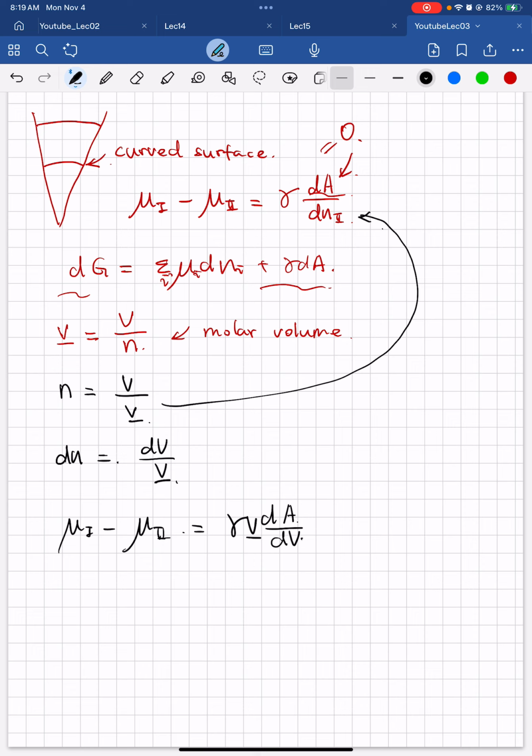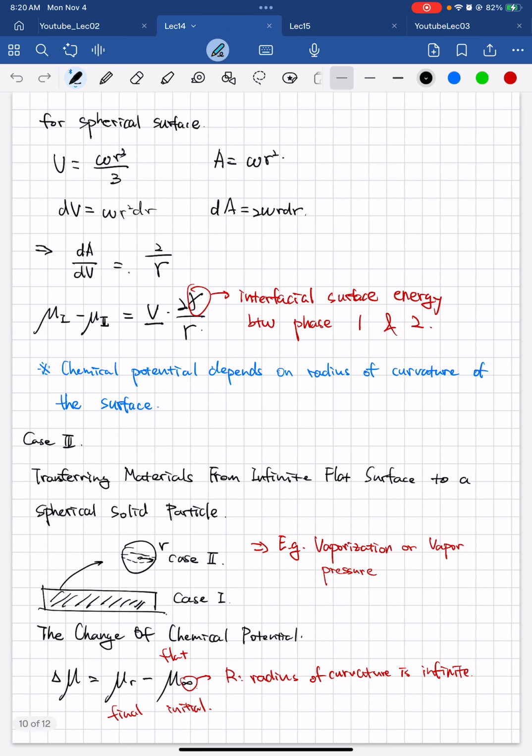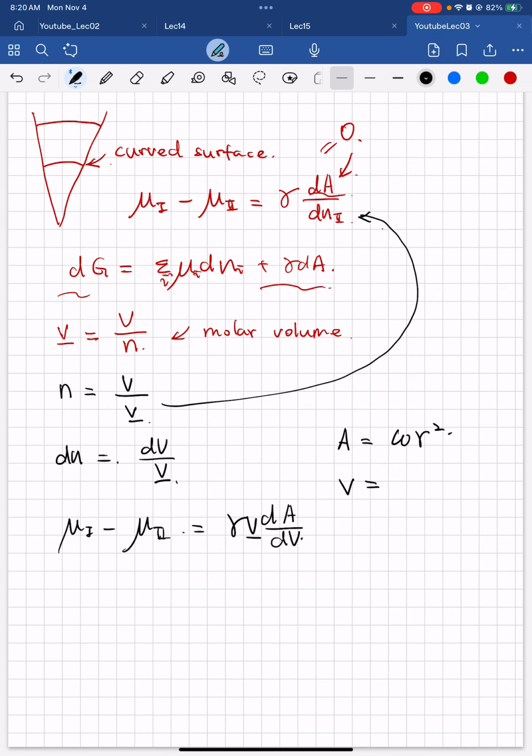And you can see that A equals to omega r squared, and V equals to, what was it? Yes, here. Omega r cubed. Okay.